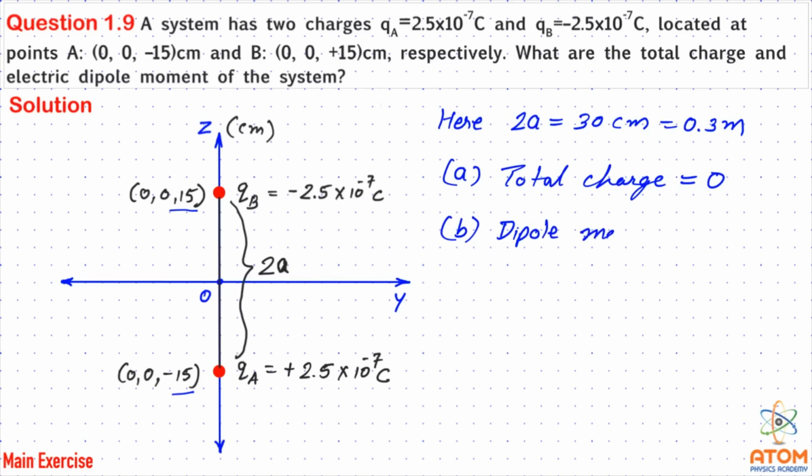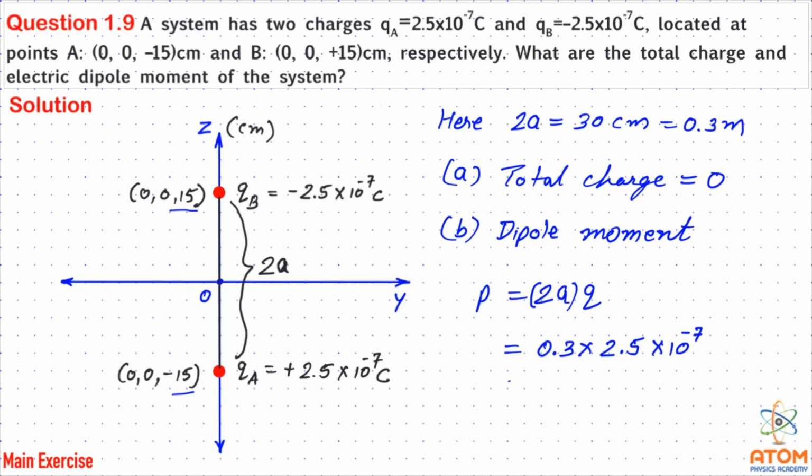Dipole moment can be sorted out by the equation P is equal to 2aq. Here the distance 2a is 0.3 and the charge q is 2.5 into 10 raised to minus 7 coulomb. You know that you have to take only the positive value of the charge.